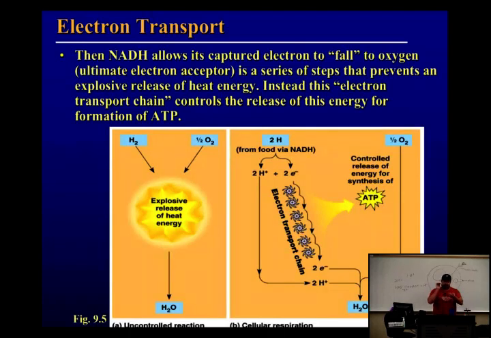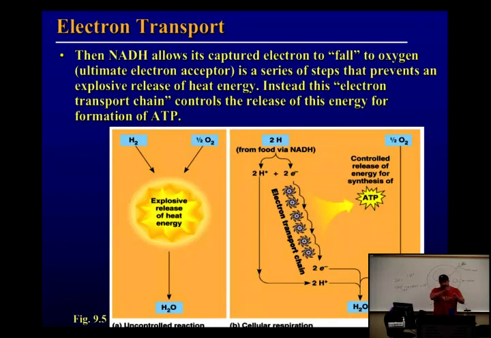So, do you guys know what fuels the space shuttle? Hydrogen and oxygen. So what would happen if you took all the food that you ate and suddenly combined it together from the hydrogens or the glucose and the oxygen that you breathe? You would explode. So that wouldn't be good, right?